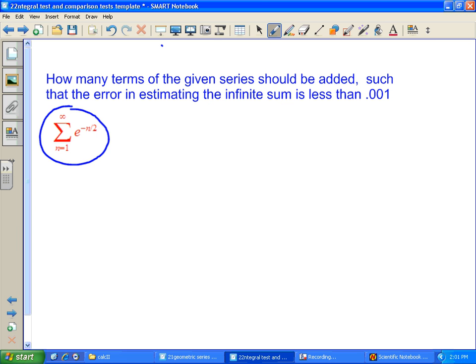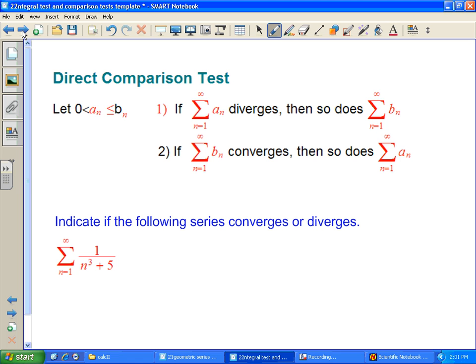I want you to do the same example as a minute ago with n to the 3 halves. How many terms should we add? Do that one with this one. This is going to be a little bit more challenging, and I want you to ask me about it next time, and we'll talk about your answers. So work on this as another similar example to the last one that we did.